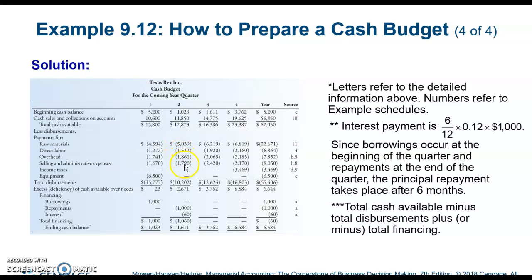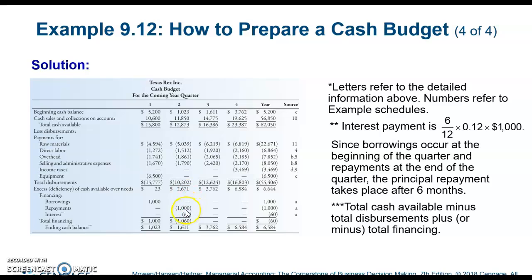Okay, so we add all those up, and we get $10,202. So what was available, $12,873, minus what we have to pay out, $10,202, gives us an excess of $2,671.